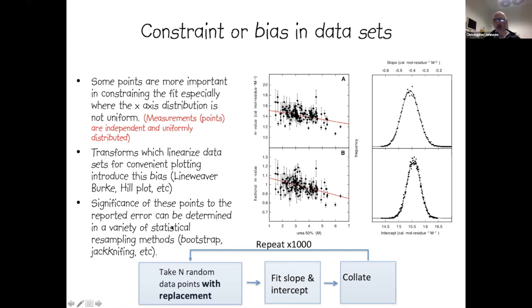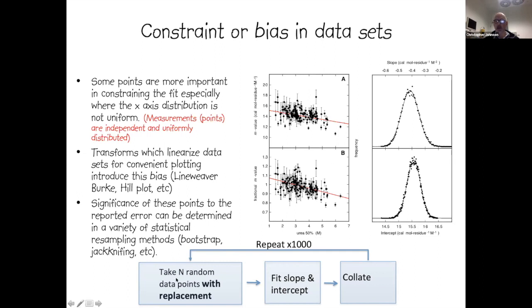You can get around this to some extent by looking at the significance of these points using a statistical resampling method, and the common ones are called bootstrapping or jackknifing. In the case of bootstrapping, which was applied to this data set, you generate a data set with the same number of data points as you have here, by randomly selecting them from the pooled data set and replacing the point after each selection.